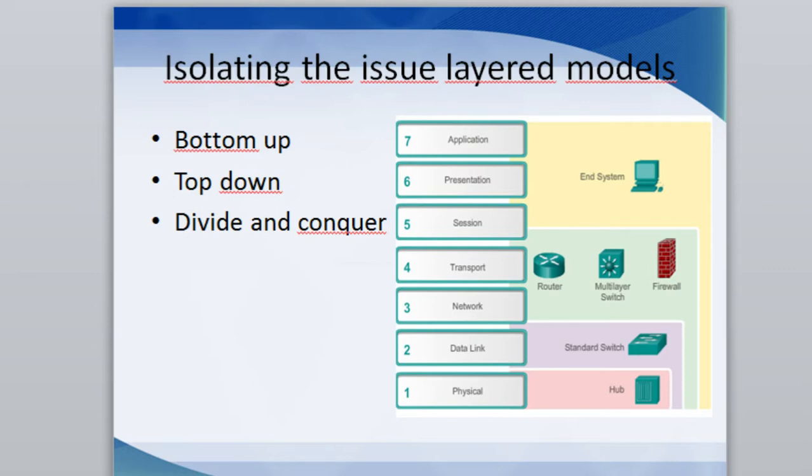This approach involves, in simple words, guessing where your issue could be happening. You check the symptoms, then you think the problem might be, for example, in the network layer. You check your symptoms and you think the problem might be a physical layer issue.